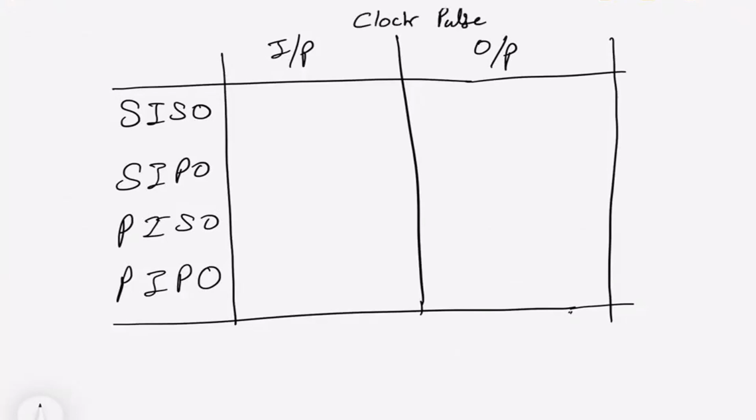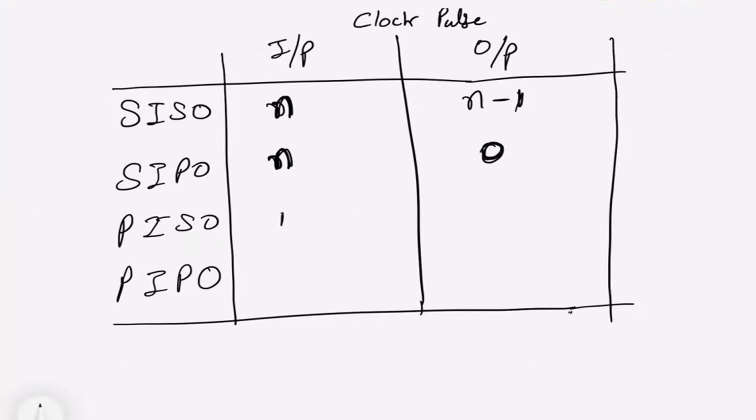so in case of SISO, we need n clock pulse to store data or for input data. We need n minus 1 clock pulse to retrieve that data. In the case of SIPO, we need n clock pulse for storing n bit data, and we need no clock pulse for retrieving that data.